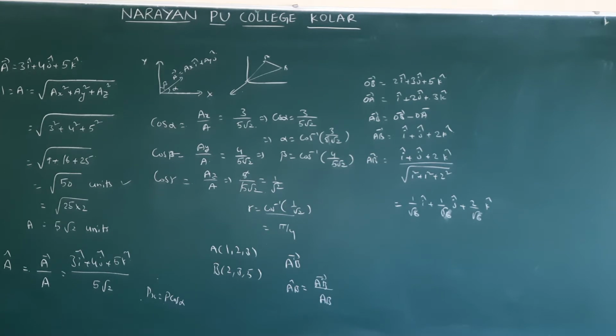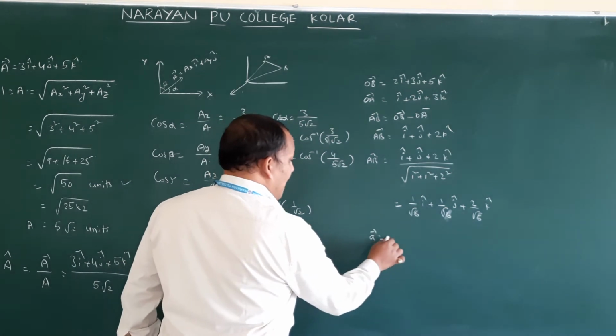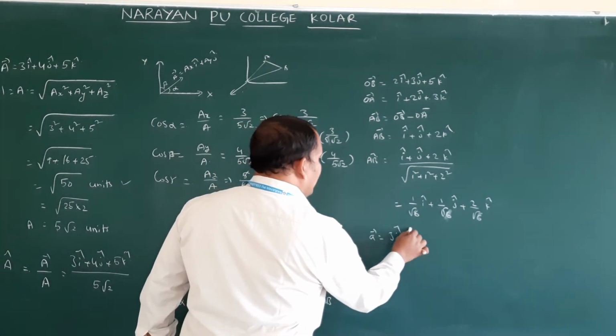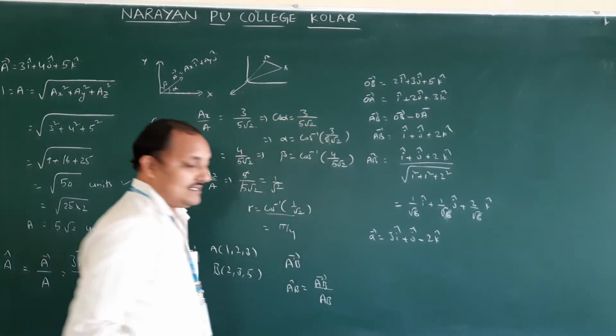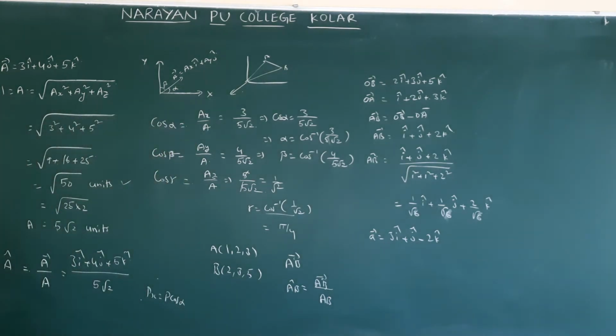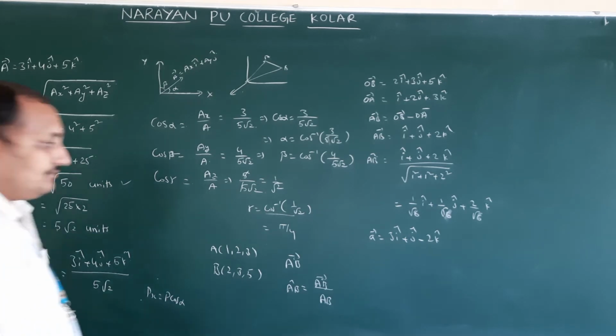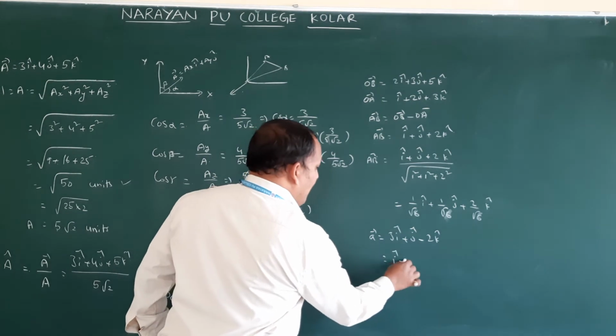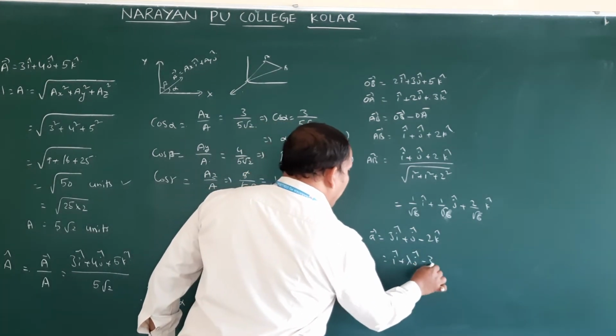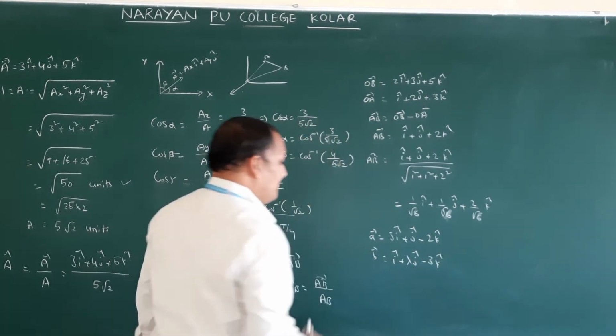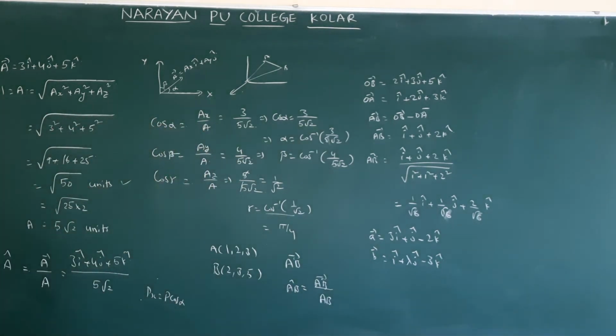A bar is given as 3I cap plus J cap minus 2K cap, and B bar is I cap plus lambda J cap minus 3K cap. They are perpendicular to each other. Find the value of lambda.